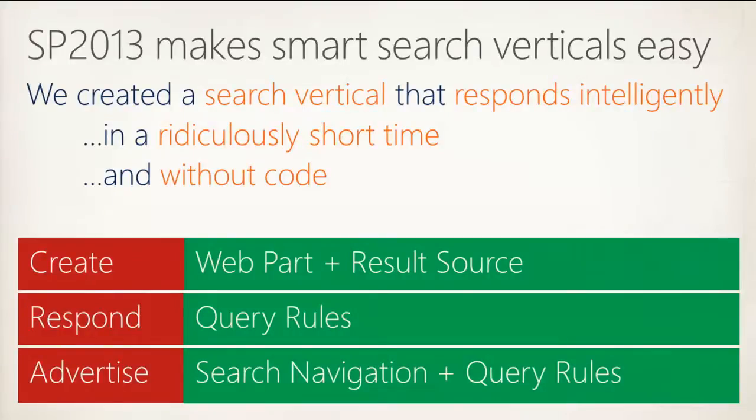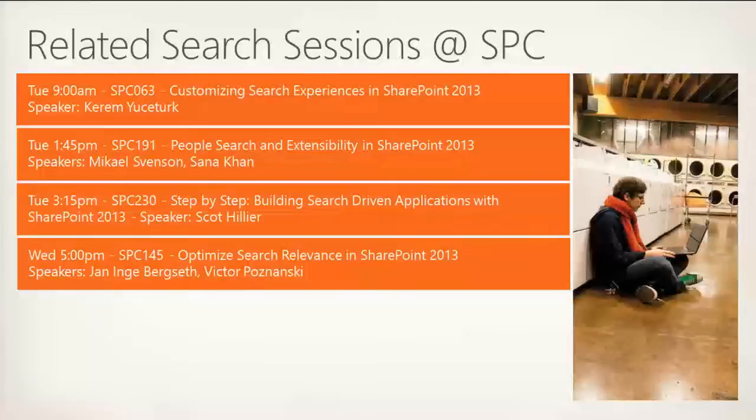So, thank you guys for coming. These are a bunch of other awesome search talks. Unfortunately, it's the next to last day of the conference, so a lot of them have already happened. But you can go back and watch a lot of these talks. Some of these are particularly good. That customizing search experiences one is going to tell you guys more about these content search web parts.